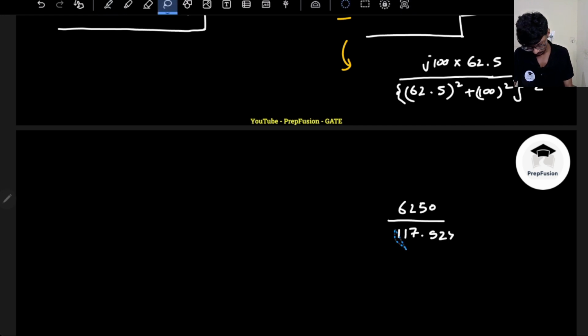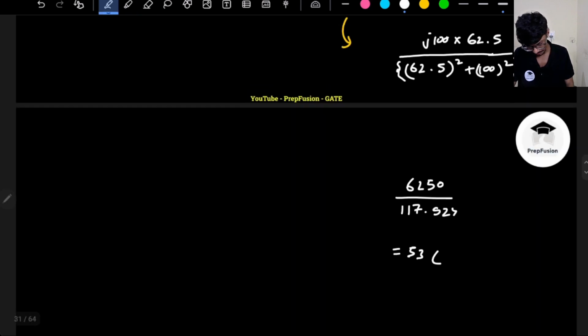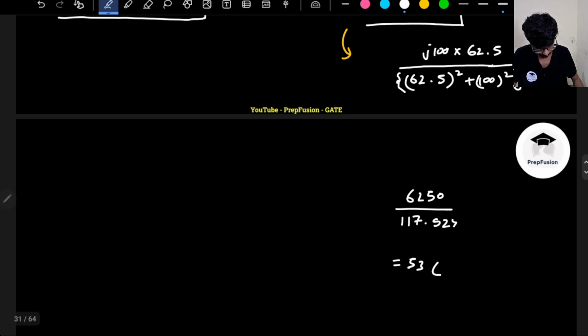So 6250 divided by 117.924, this will be 53 ohms. And if I want to calculate the angle, this will be 90 minus tan inverse of 100 divided by 62.5.